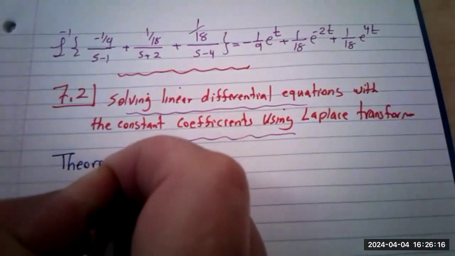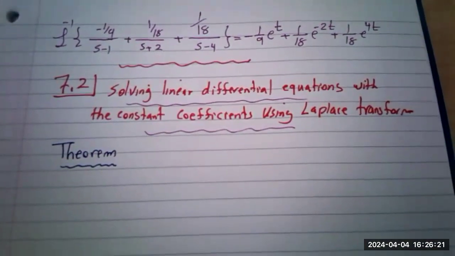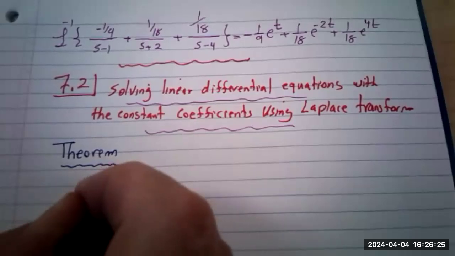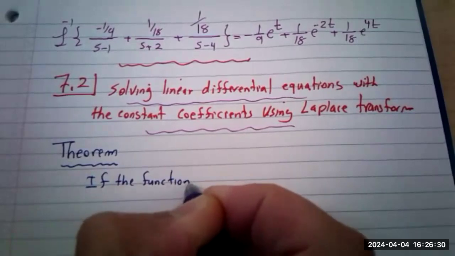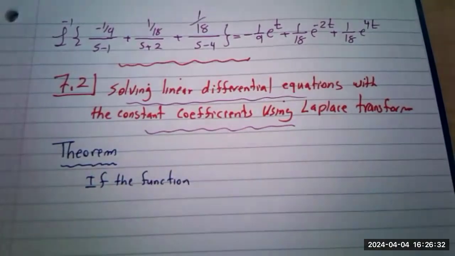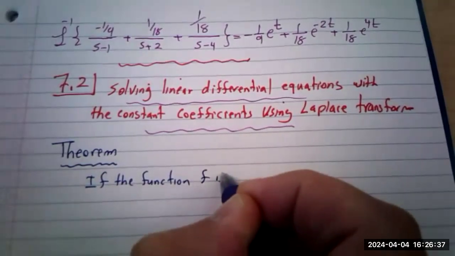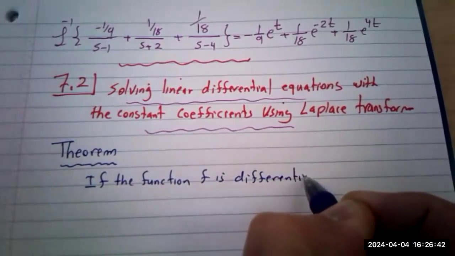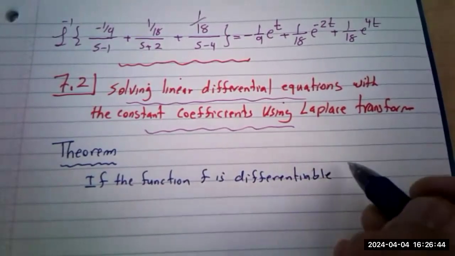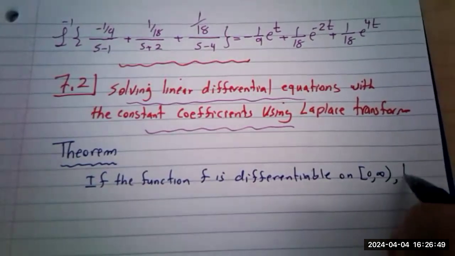Theorem: we're going to express the Laplace of the derivative of the function in terms of the Laplace of the function. So take this function. If the function, let's say f, is going to be differentiable as usual on the domain that you are interested in, 0 to infinity.